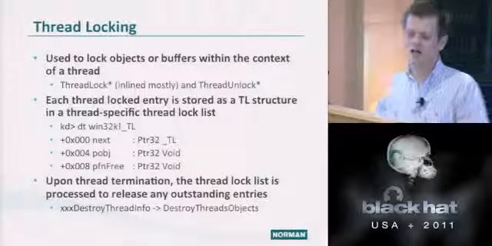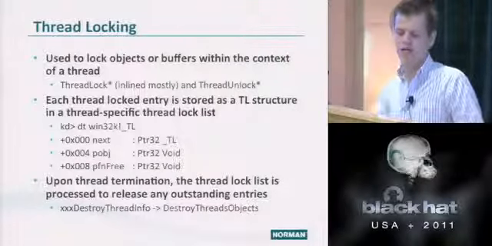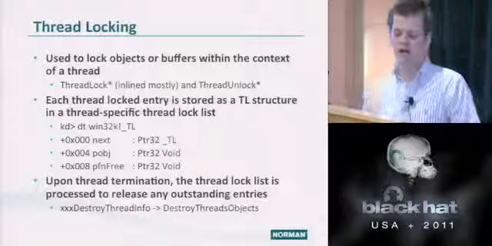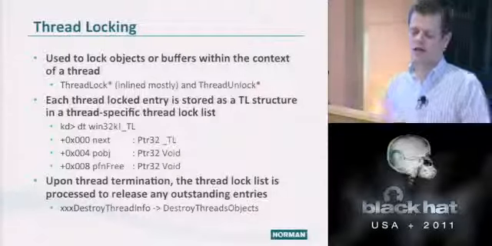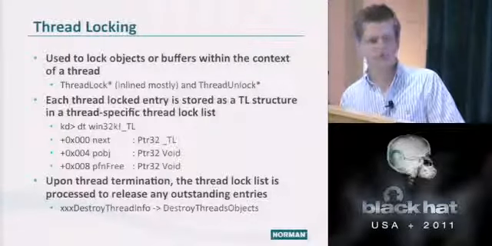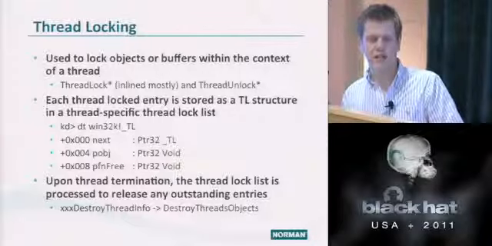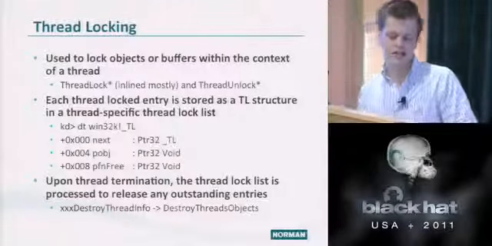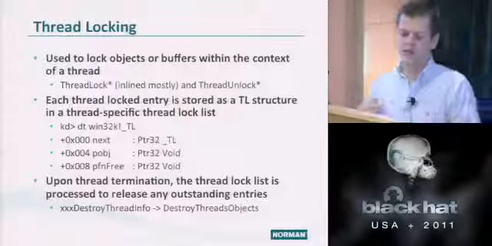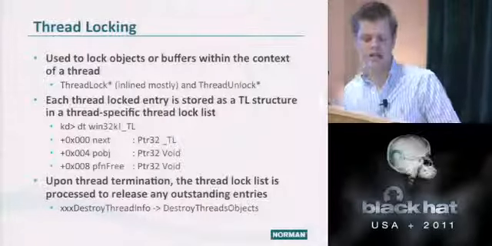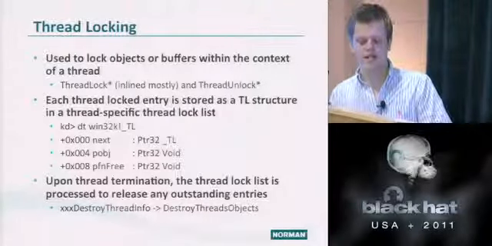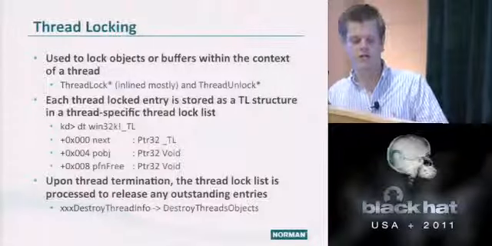Thread locking is usually used in the context of a thread. So you have functions like thread lock and thread unlock. If you look into this assembly, you'll usually see that these functions are inlined, or at least the thread lock function is inlined. Each thread lock entry is stored as a TL structure, or thread lock structure, on a list.